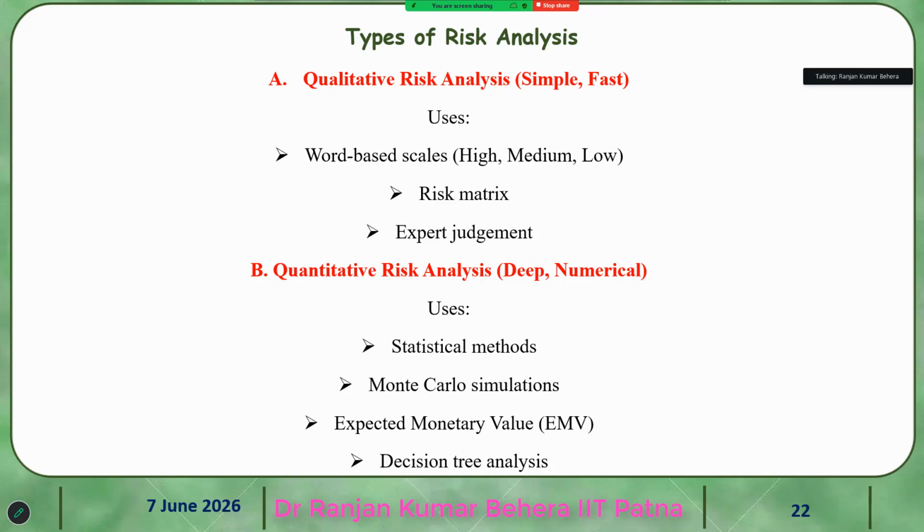What are the types of risk analysis? The first and simple method is qualitative risk analysis: a word-based scale of high, medium, and low, the risk matrix we use, and expert judgment.